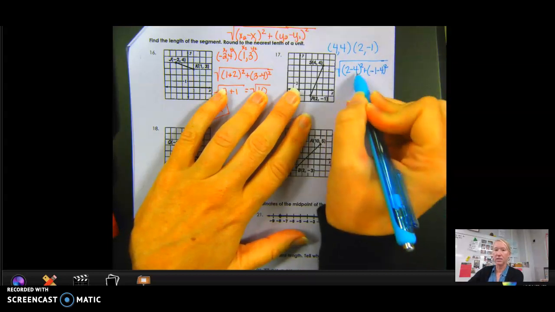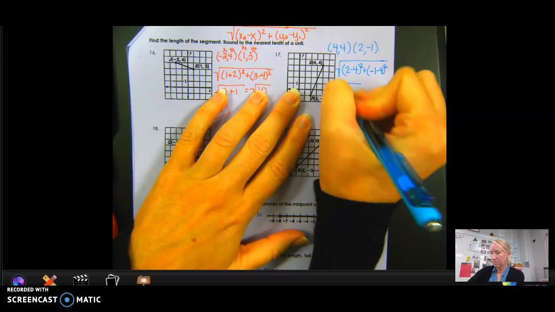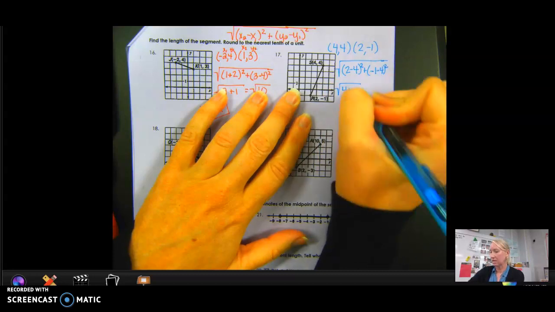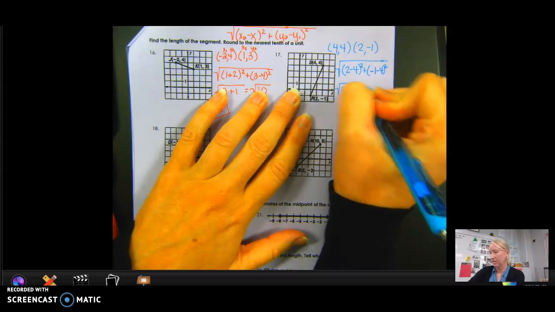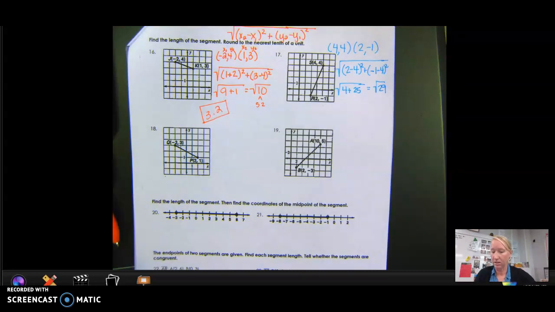So 2 minus 4 is negative 2. Negative 2 squared is a positive 4 plus negative 1 minus 4 is negative 5. Negative 5 squared is 25. This is square root of 29. That is the reduced answer on that, or the decimal answer is 5.4.